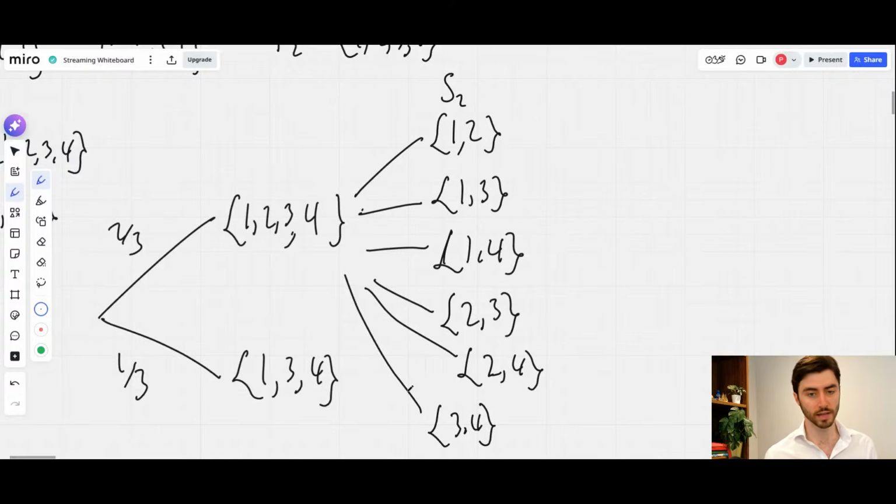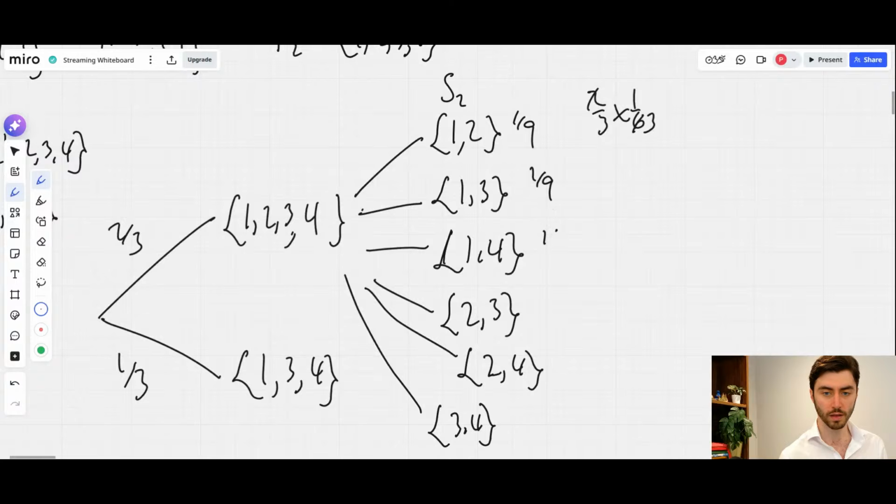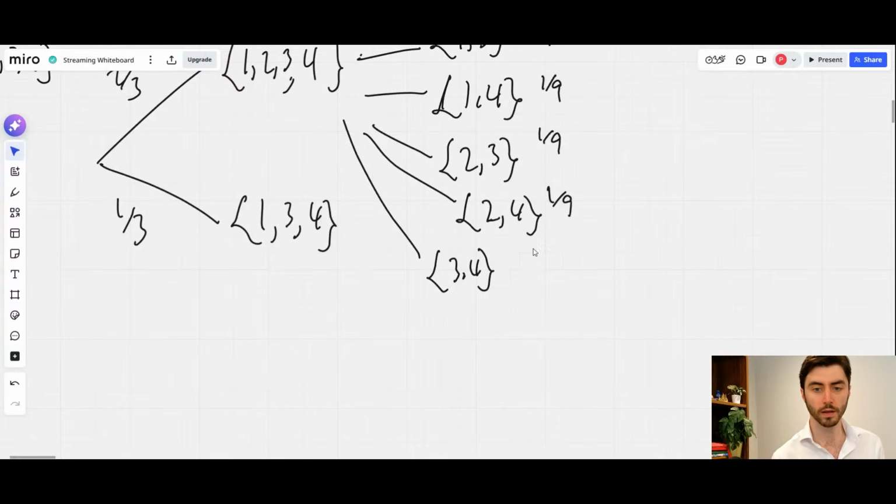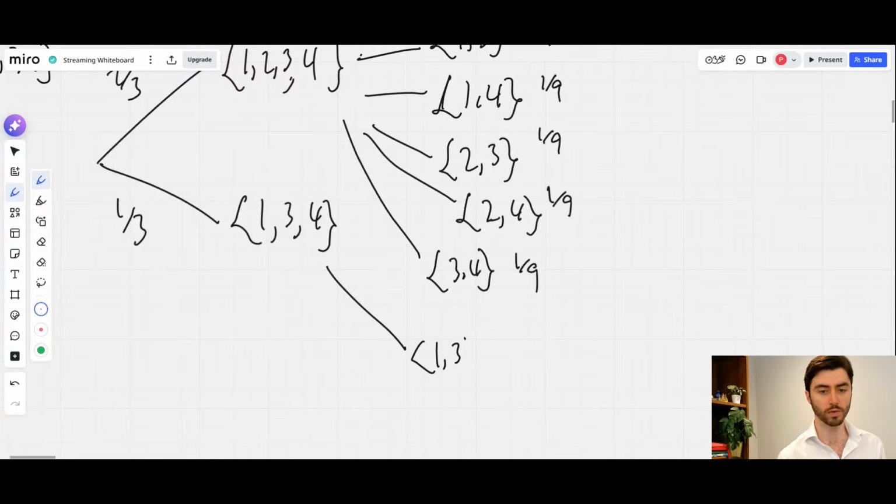So these would all be a sixth. So the probabilities of these would all be 2/3 times a sixth, which would be a ninth. So all of these are a ninth of getting up to this point. And then similarly from here, I could get a 1, 3. I could get a 1, 4.